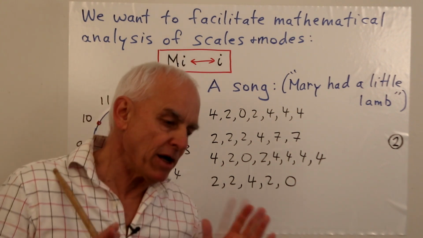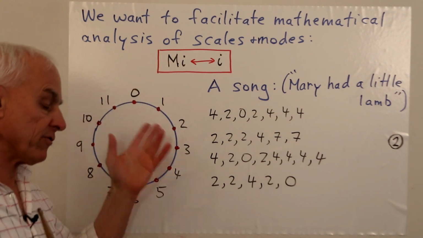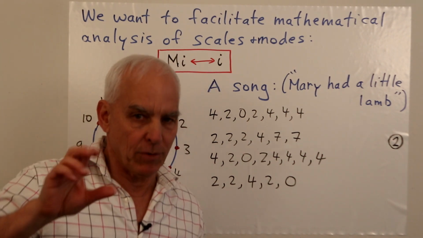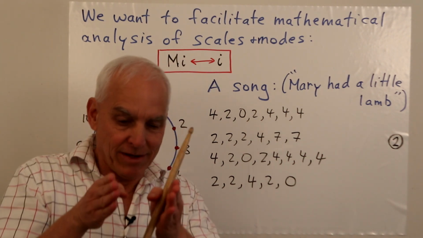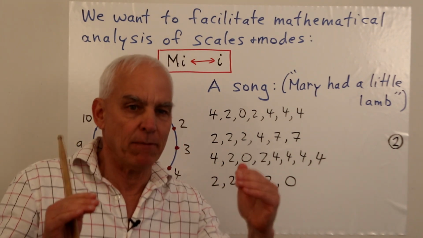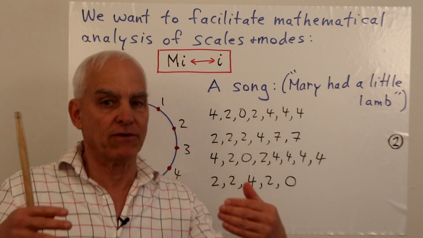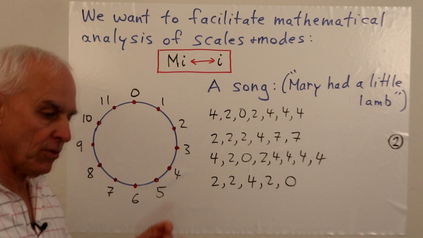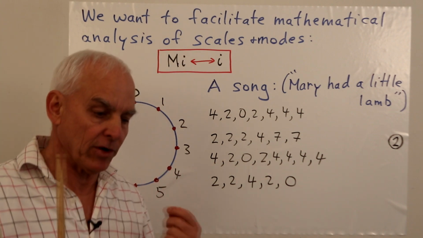So there's a possibility of confusion here because the numbers, after all, are used for all kinds of things. And in particular, the numbers are also going to be used when we discuss intervals, which is really about the relationship between two notes. So we may have to think about notation that makes it easier to distinguish those different usages. But anyway, that's a good starting point. So now we can just refer to these tones with these numbers, 0 to 11.